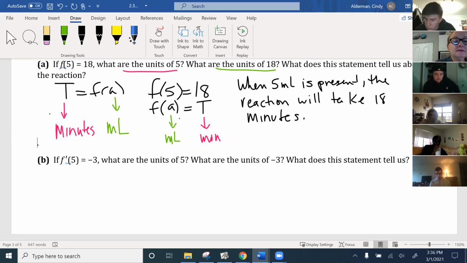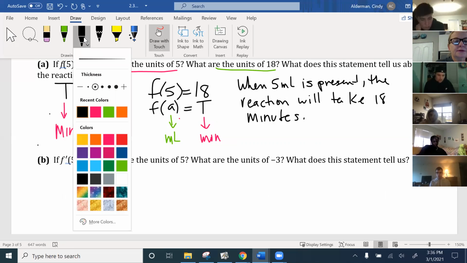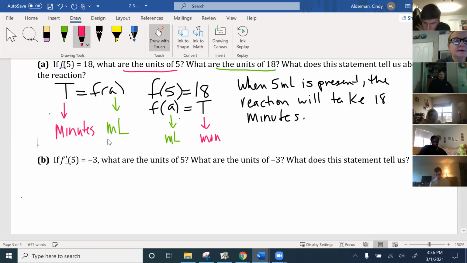So the units of the thing that it's a function of stays the same. So this 5 is still going to be milliliters, right? Because it's really the A value. Actually, I should use green. So this is milliliters.